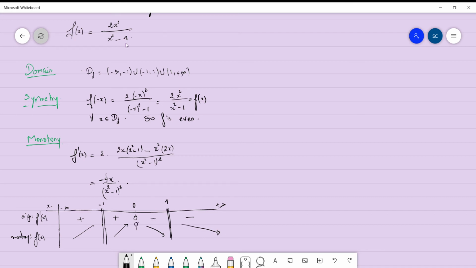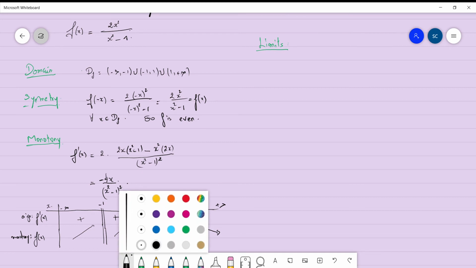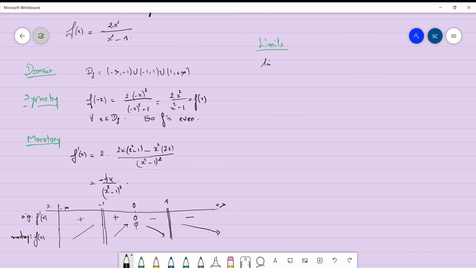Okay, now the limit behaviors, so let's do them here. We can add them here. Limit behaviors. Okay, so which behavior will we need? We will need the limit of 2x² over x² minus 1 as x approaches plus or minus infinity.